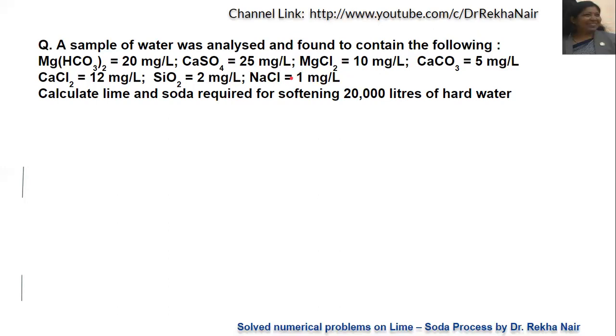All these constituents are present in the sample of water given, and we need to calculate the lime and soda required for softening 20,000 liters of hard water. Now, let us see how we are going to do that.